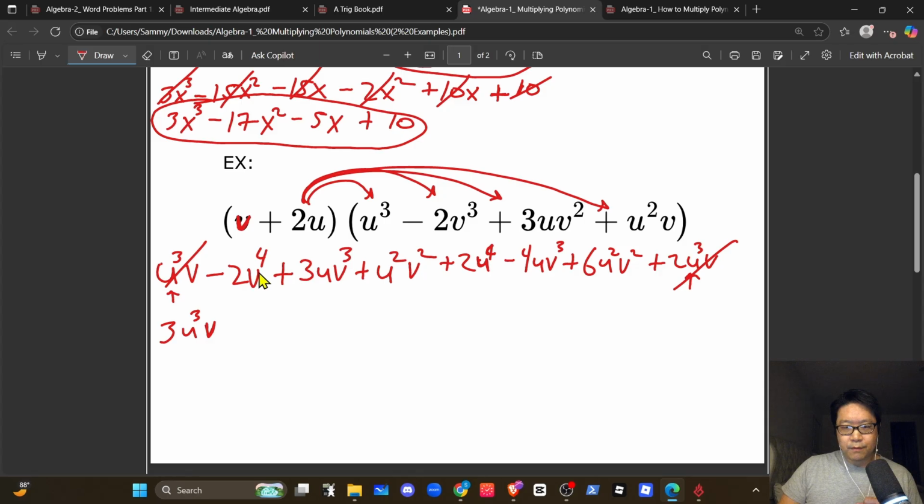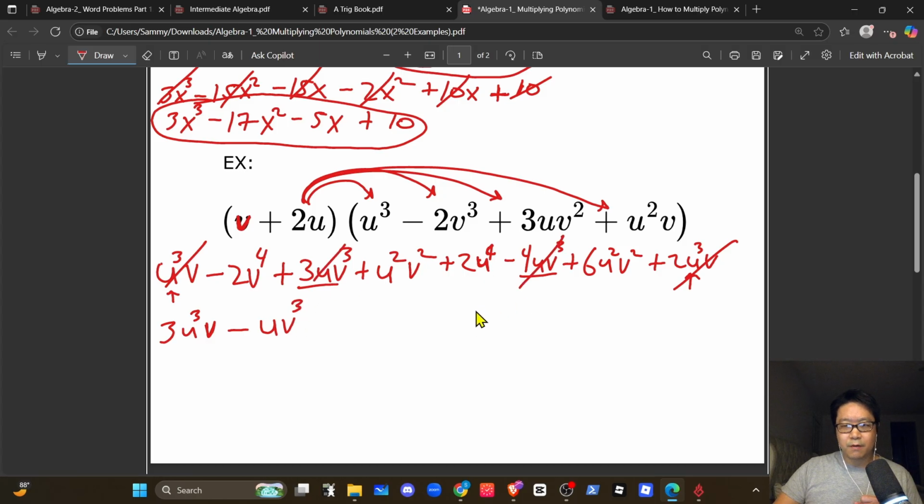There's a negative 2v raised to the fourth power, and I'm not seeing any other v raised to the fourth power, so I'm going to skip that for a second. I have a uv cubed here and a uv cubed here, so we can combine those. This is a positive 3 and that's a negative 4, so that's going to give us negative uv cubed.